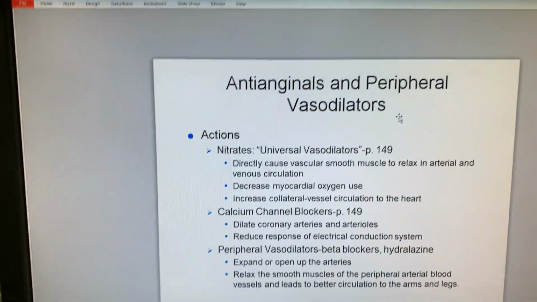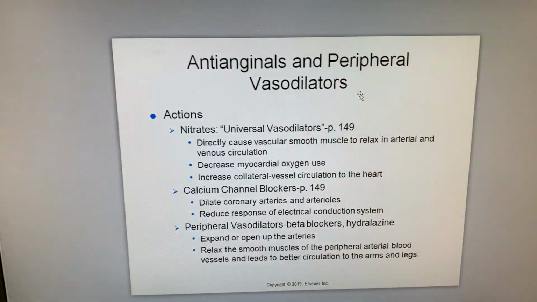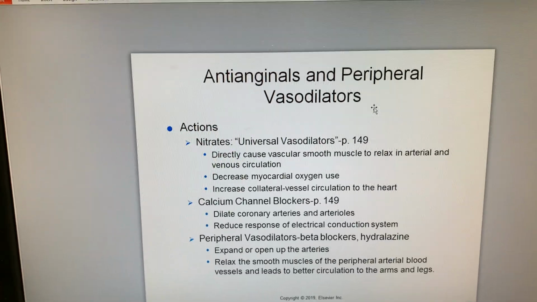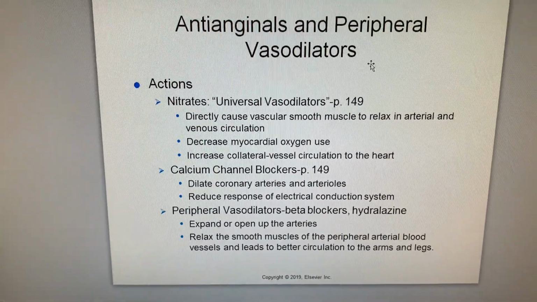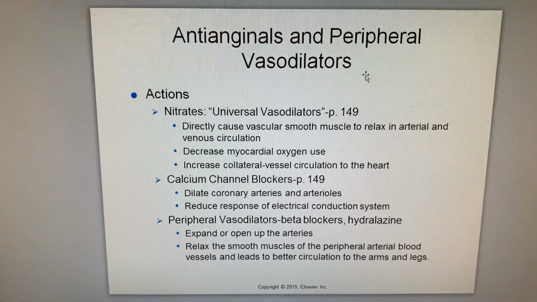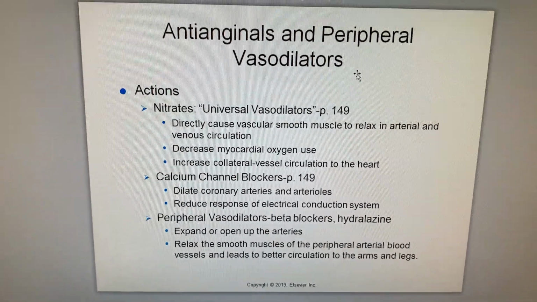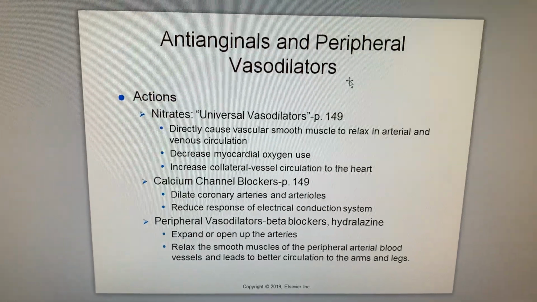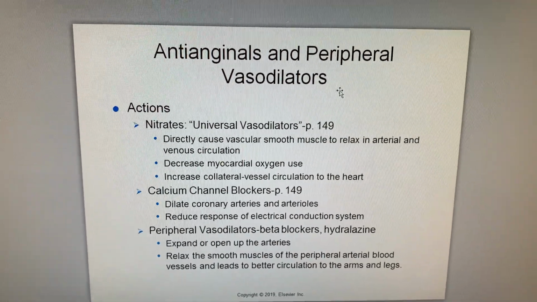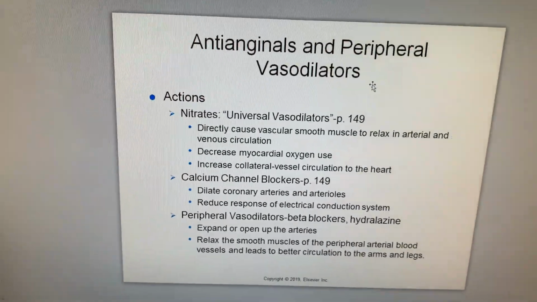So on page 149 on the table, we see some different categories of drugs, and the most common category of anti-anginals you're going to see is the nitrates. That would include the drug nitroglycerin. These are known as the universal dilators or vasodilators.